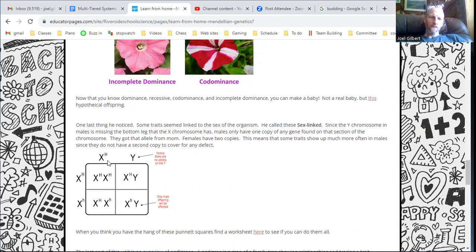But we found that for traits on this little leg of the X, the people who have a Y don't have a second copy of those genes. They only get the one from mom. Dad gave them a Y. They don't have that second leg. And therefore, any trait on that little leg that guys only have one copy of is called sex-linked. They're much more likely to show those traits because they only have one copy. So it's linked to what sex you are, and it's on the sex chromosome.